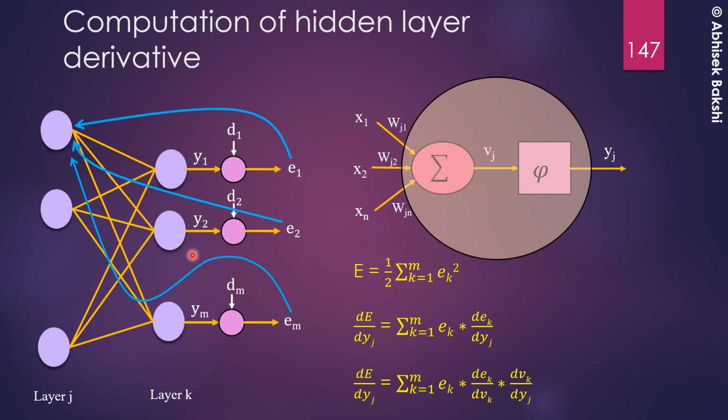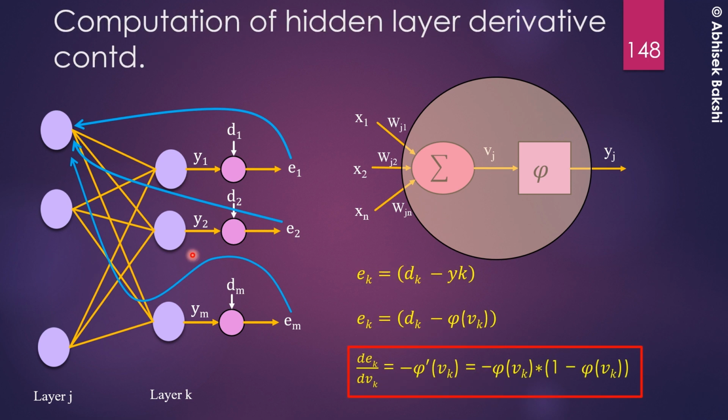So how to do that? Let's see one by one. First thing, ek equals dk minus yk. We all know that. What is yk? yk means phi of vk, right? If you recall the previous neuron, instead of j it was k. That is the only difference.